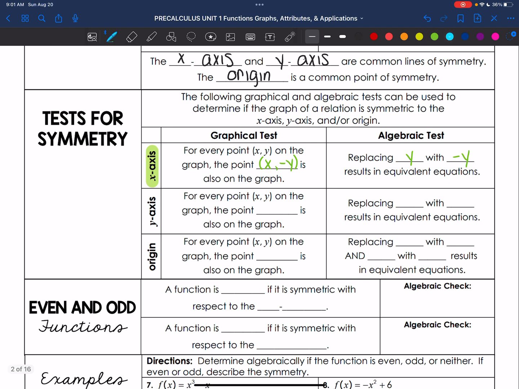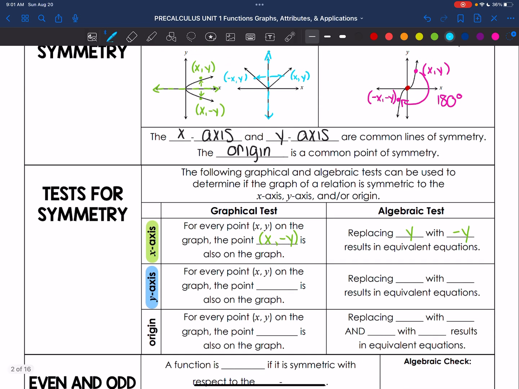Now, what about for y-axis symmetry? For every point x, y on your graph, the point where you have the opposite of x and y is also on the graph, which we denoted in this picture up above. And so how can we test this algebraically? Well, just replace your x with the opposite input value, and you should have the same exact equation.